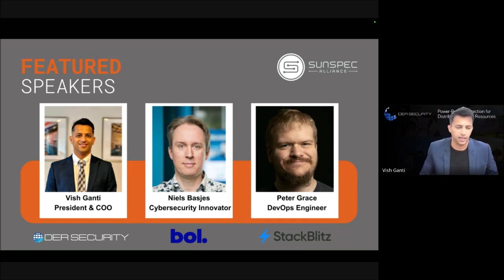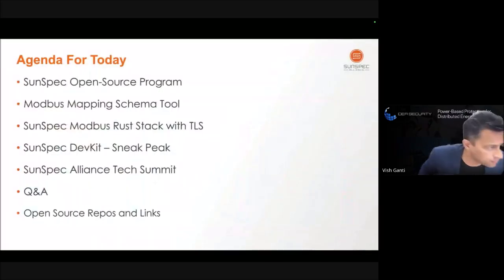Last year at the annual meeting, if some of you have been present, I kicked off the open source program for SunSpec. And we've kept up with that. This is a mid-year check-in for us where we're going to be talking about a couple of projects that we're incubating, as well as other things that we're excited to talk about for later this fall.